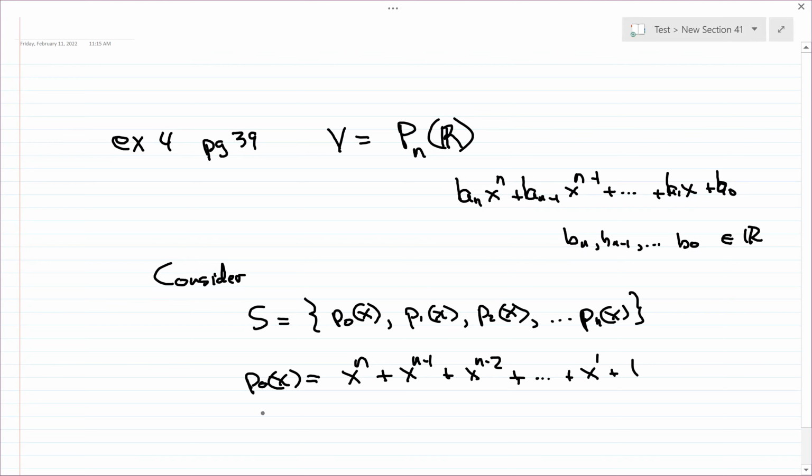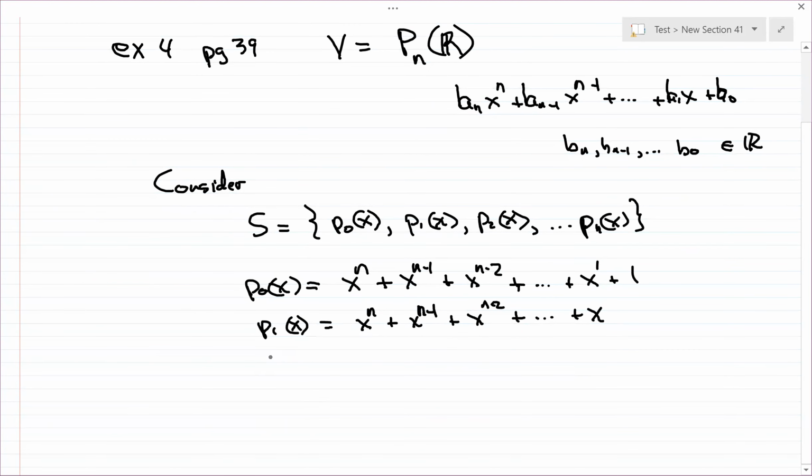This is P0. P1 of X looks the same, except it doesn't go all the way down to 1. It goes all the way down to x. So the last term is just x.